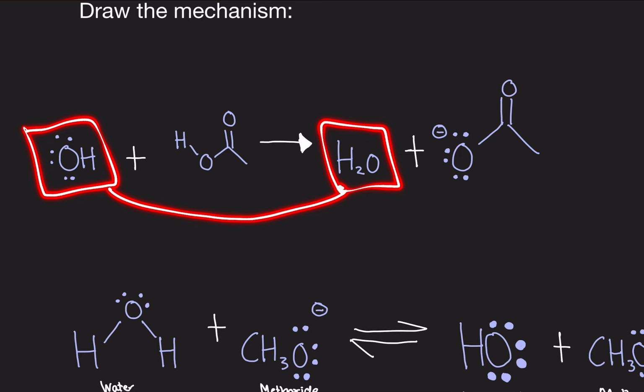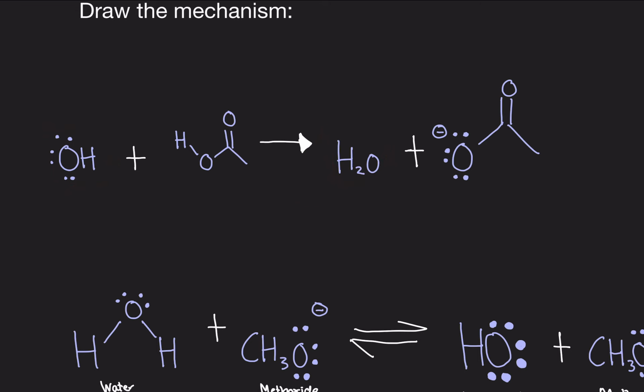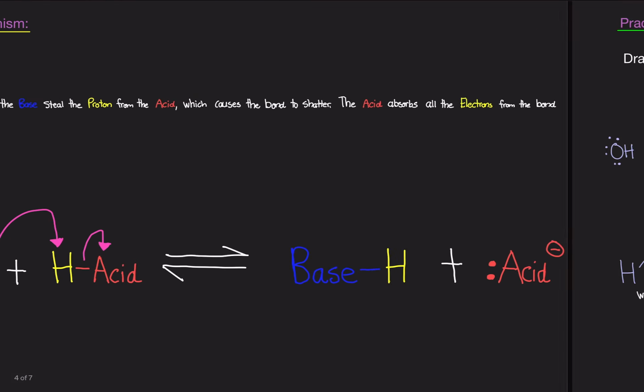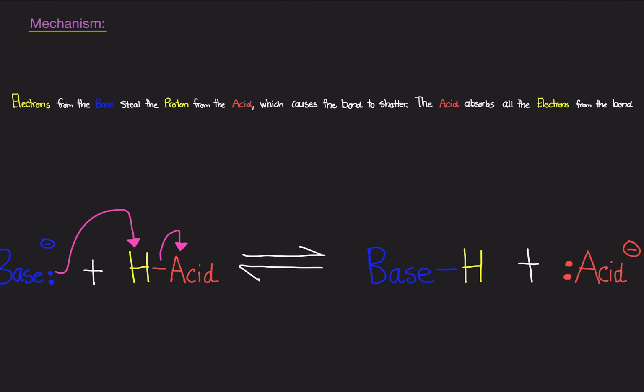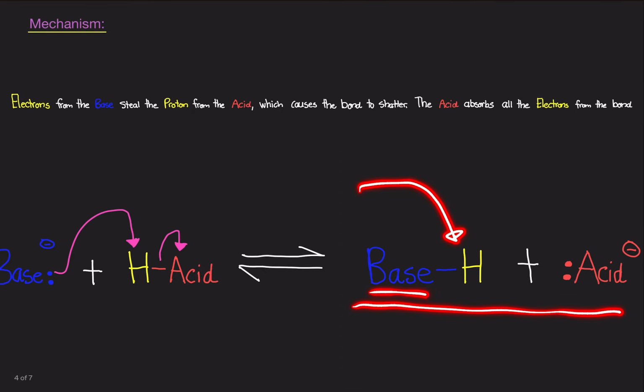Well, we added a proton, right? We went from OH to H2O. So we had one proton here, now we have two. So we added a proton. What does this mean? Well, remember, if we add a proton on the product side, that's the base, right?